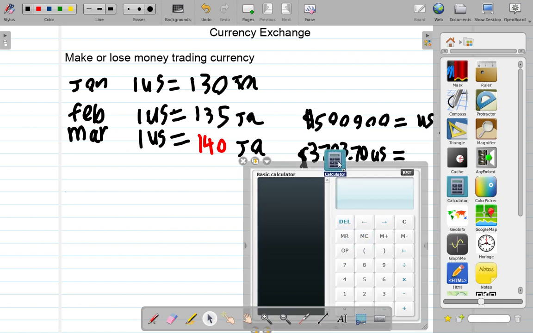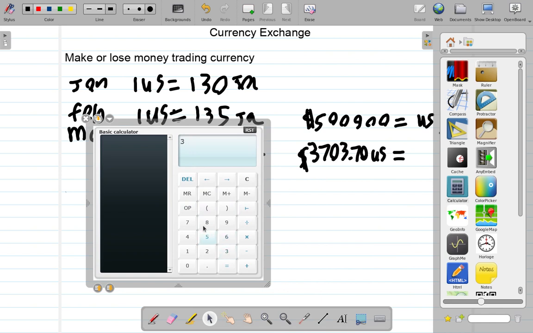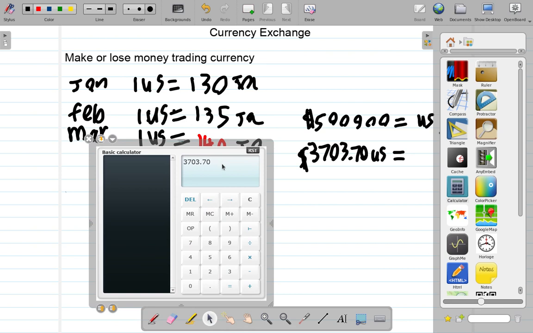So now you have 3703.70 multiplied by 140. Because this is US dollar, you're converting it to Jamaican dollars now. You multiply by 140 and you have 518.